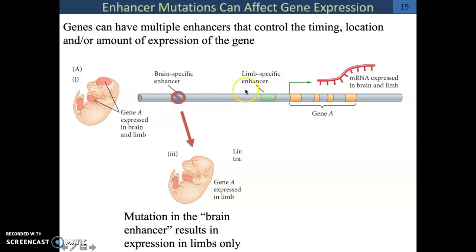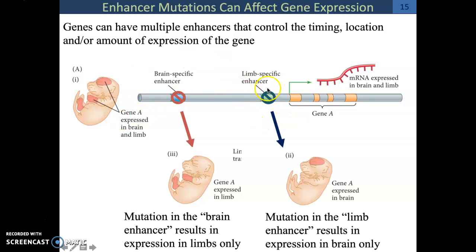Now, let's say that we have the opposite scenario. In this opposite scenario, we're going to block out the limb-specific enhancer, and we'll have the normal brain-specific enhancer still switched on. Well, in that case, gene A is only going to be expressed in the brain and not in the limbs. So this is a good example of an experiment that would be run by scientists to determine where an enhancer is and how it's controlling a specific gene.